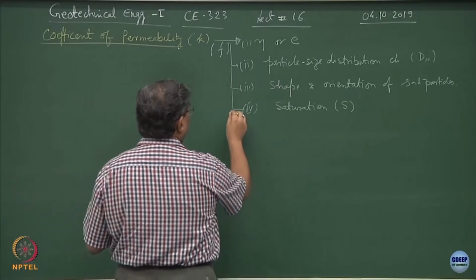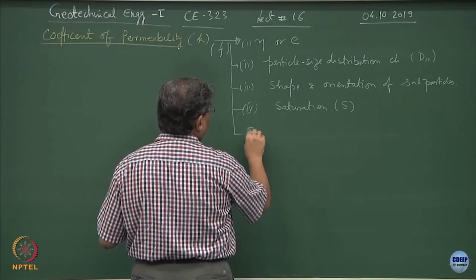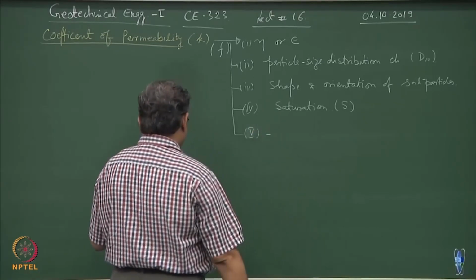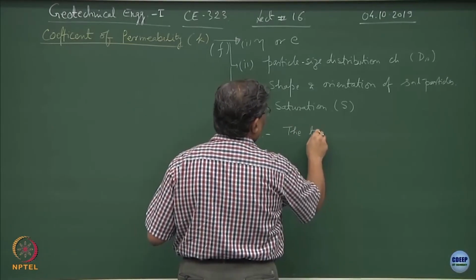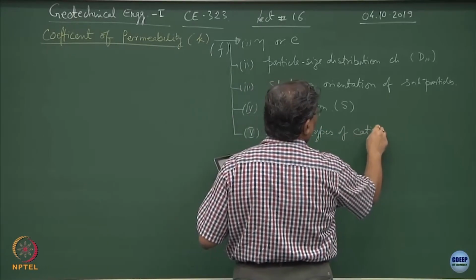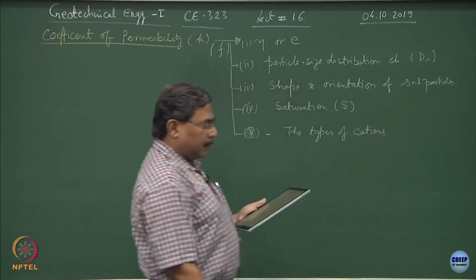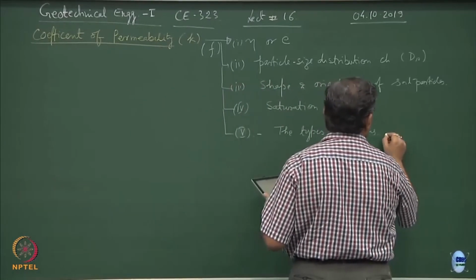Another parameter on which it would depend is the type of cations, which are present in the soil mass, and the thickness of diffuse double layer.